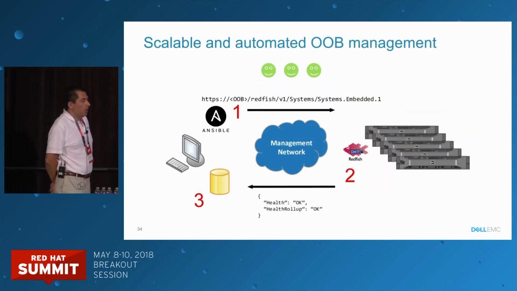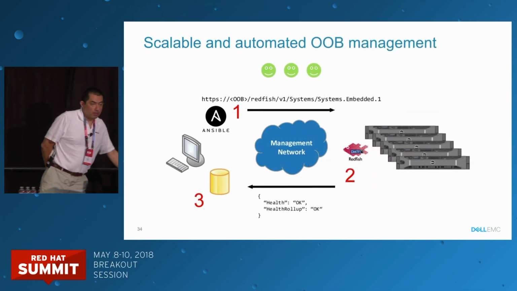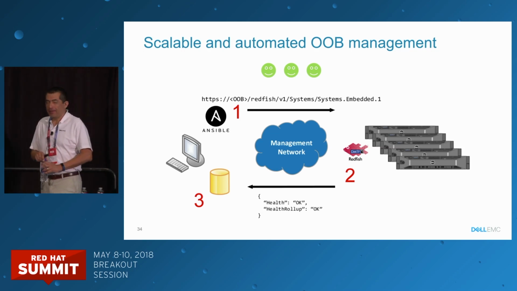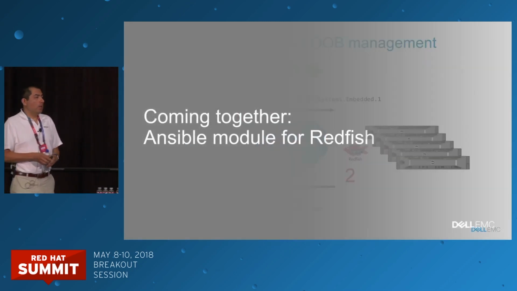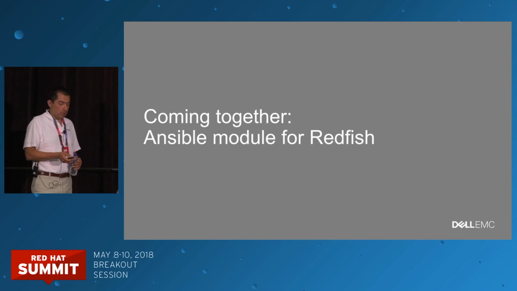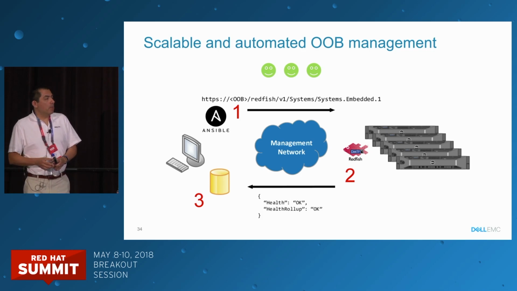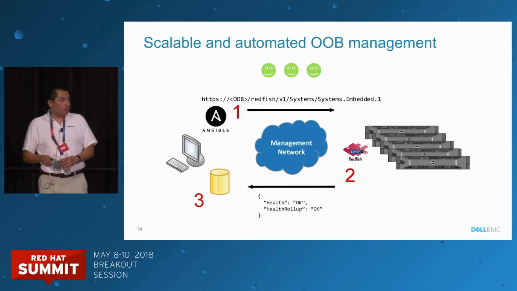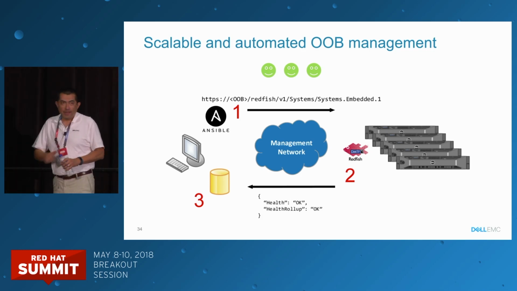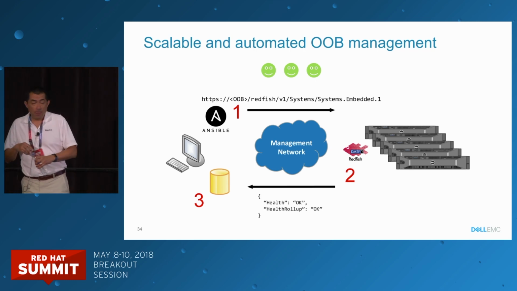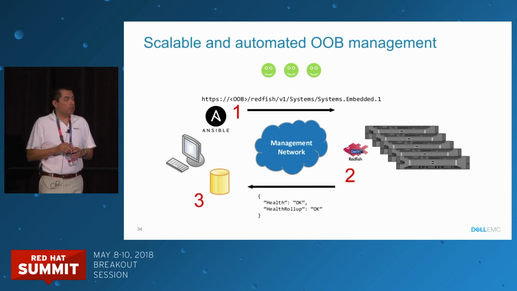Now we go back to our picture here, with 3 smiley faces instead of 2. We have the same picture as before, except now we introduced Ansible, and we're using Redfish.